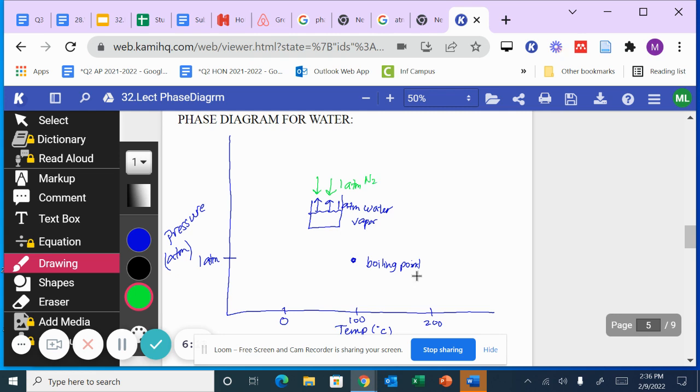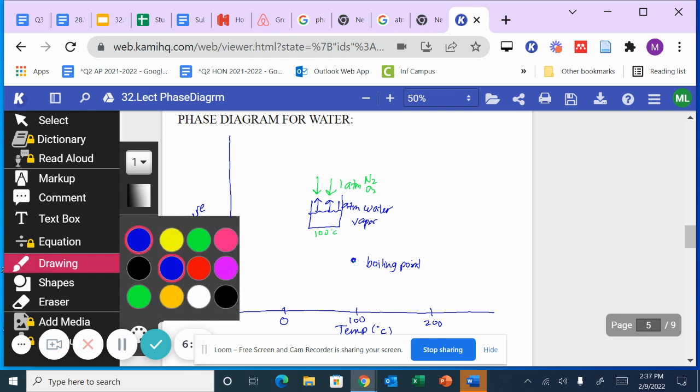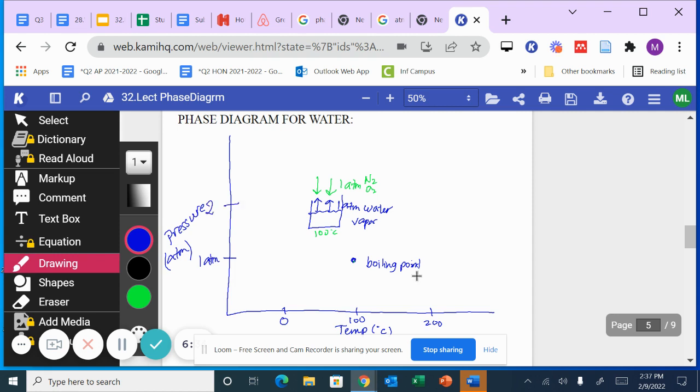Atmospheres, N2 and O2, and other gases. Okay, that happens if you have 100 degrees Celsius underneath it. Now, if you increase the pressure, let's say we're going up 2 ATM to 3 ATM. Let's draw another picture here.